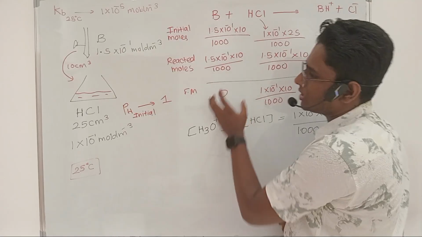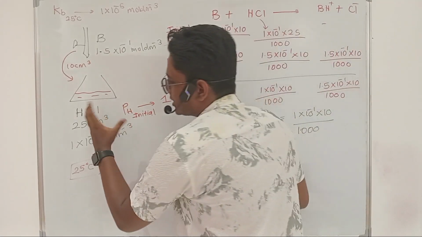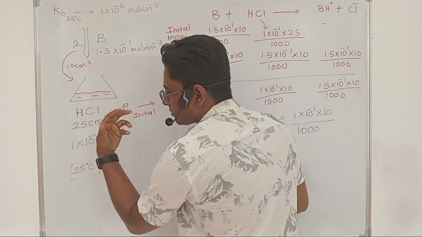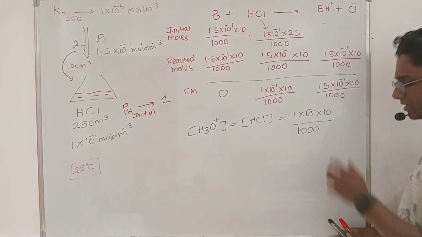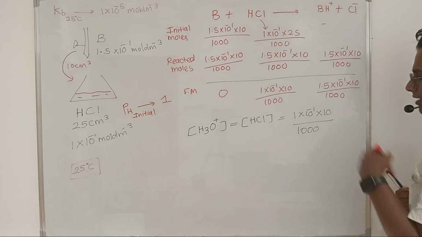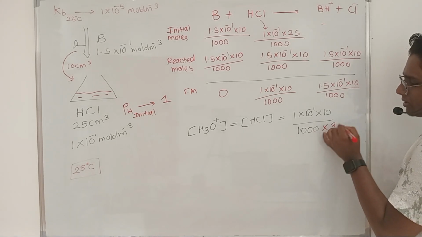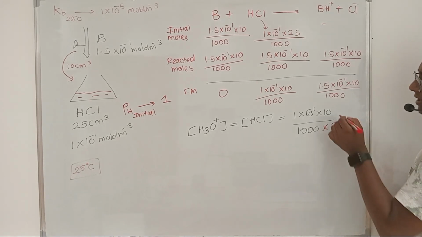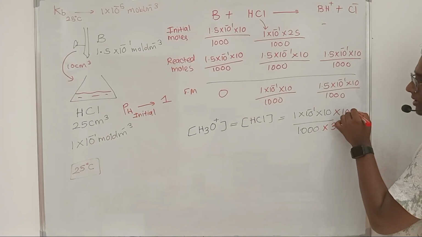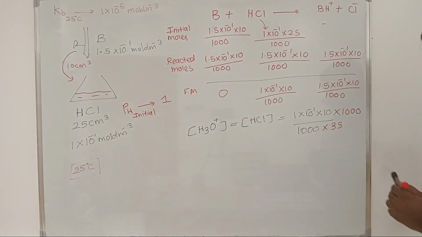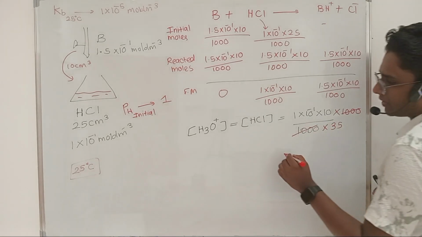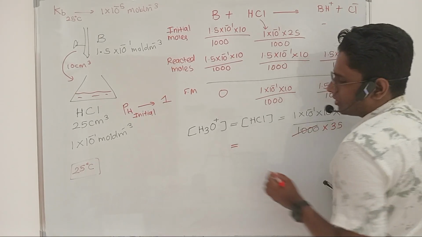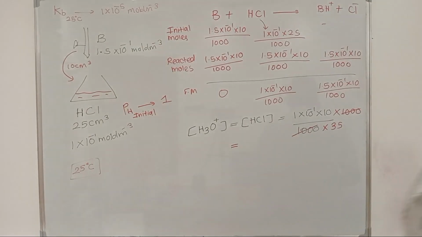After addition of the weak base, if you consider the HCl solution, the volume will be 35 centimeter cube, so you have to divide by 35. You have to be very careful with that. I have to convert it into decimeter cube, so I multiply by 1000. Now I can cut this 1000 and this 1000. So 1 over 35, let me use the calculator.